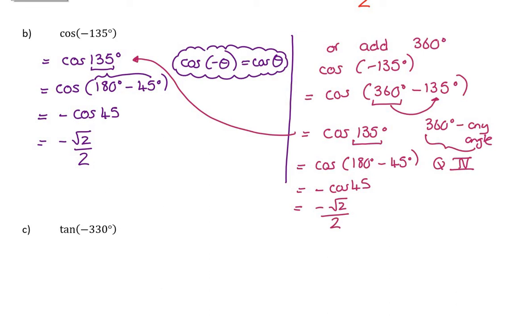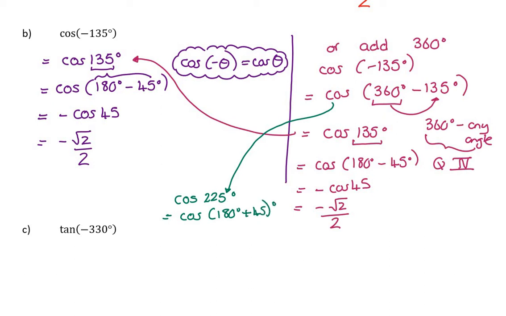Now I said that there was a third way to do this. There is actually a third way, because from this line here, you could have simplified that. So you could have said, well, cos 360 minus 135 equals 225 degrees. And then you could have said, well, that is 180 plus 45.